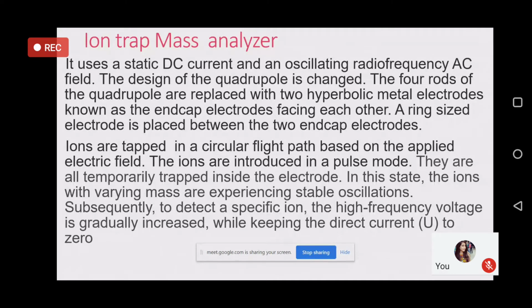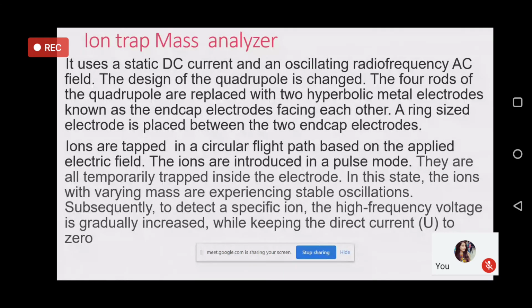So when you are trapping the ions in the ion trap, ions with different m by z values will have different velocities. Now you change the strength of the electric field. That's what it says. The alternating electric field is increased. So you change the strength of the electric field.